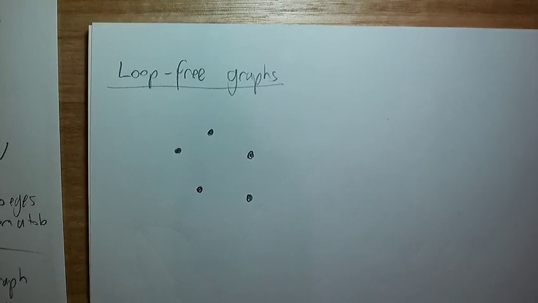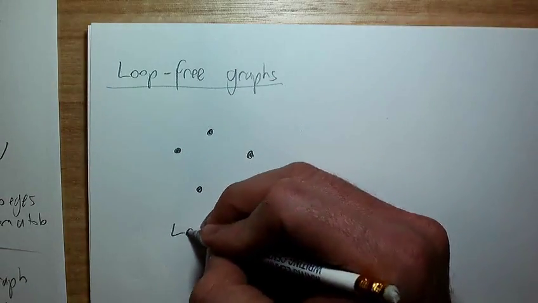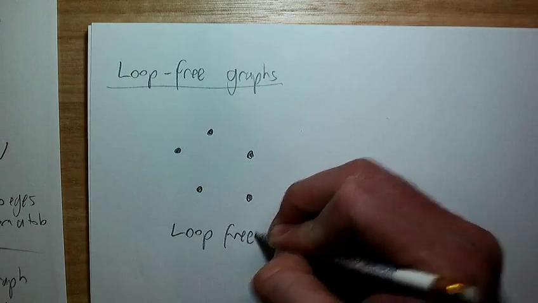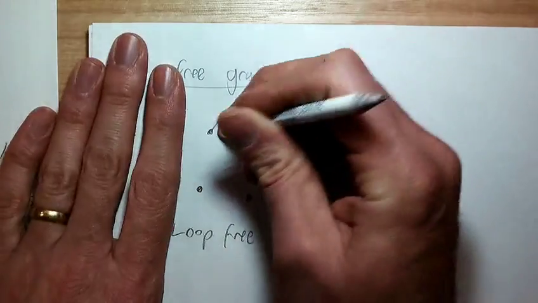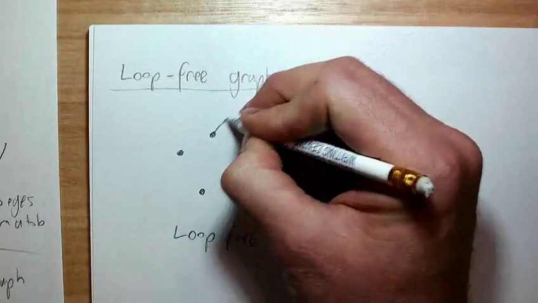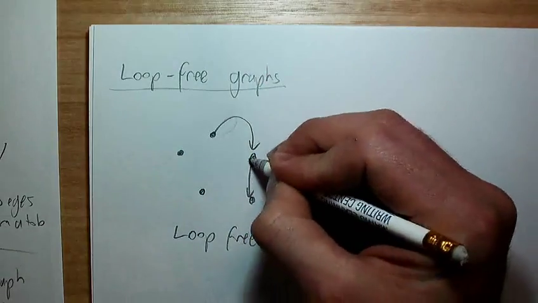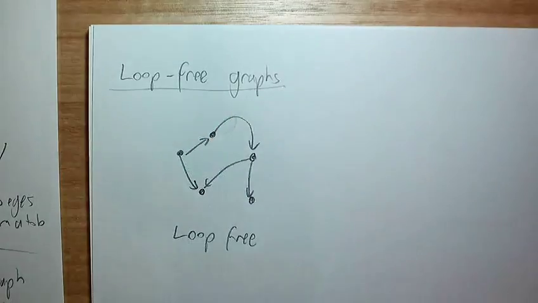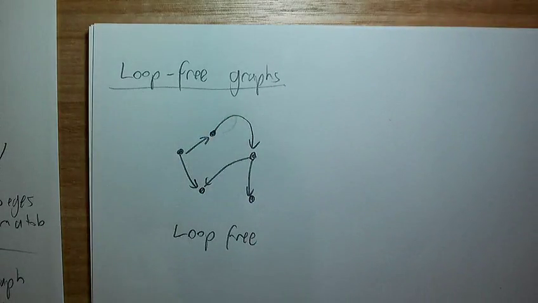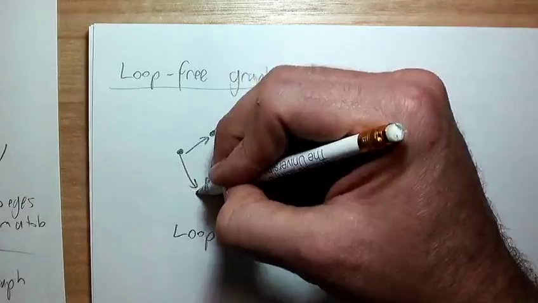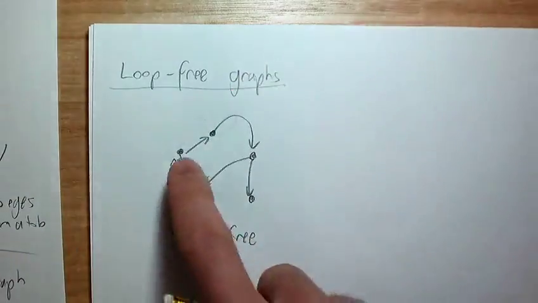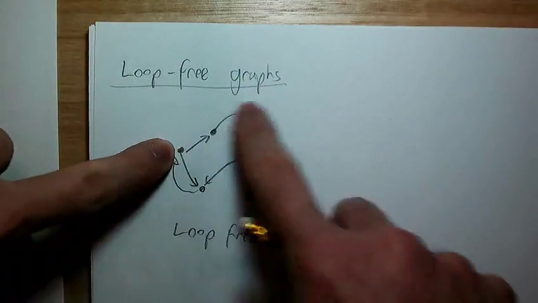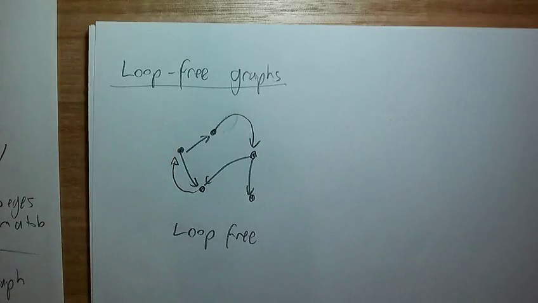I'm going to trust that that's true, even though I can't find it. So this is loop-free. Not that one. That's loop-free, even though it's technically possible to go all the way around and get from this point back to itself, but there's no way of doing it in one step.